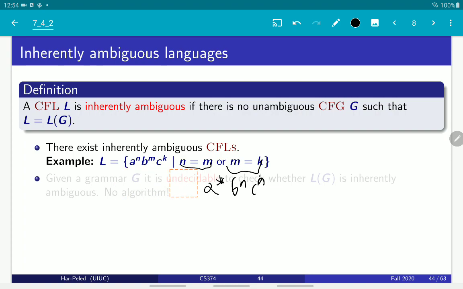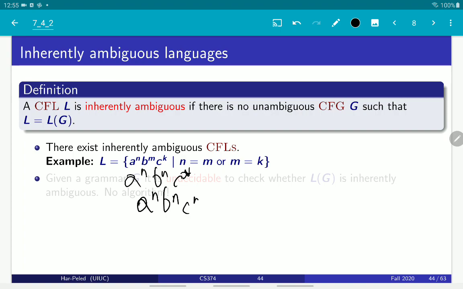But the problem is that if you look at the string a^n b^n c^n, there are going to be two ways to generate it. Either you generate it as a^n b^n c*, and this definitely generates a^n b^n c^n.